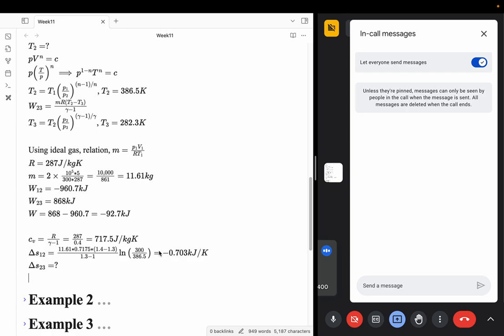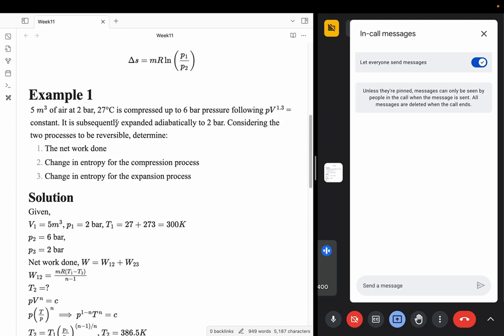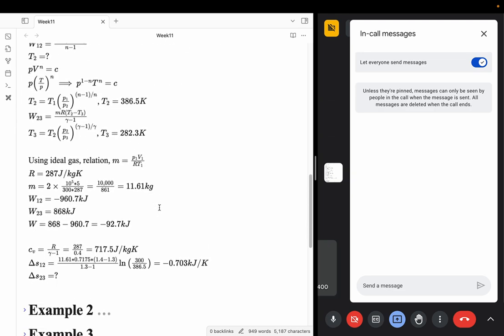So how do you explain this particular thing, that entropy being negative in the process 1 to 2? Process 1 to 2 is basically a polytropic compression process. So how do we explain that entropy is negative? Is it okay or not okay, or why is it okay?